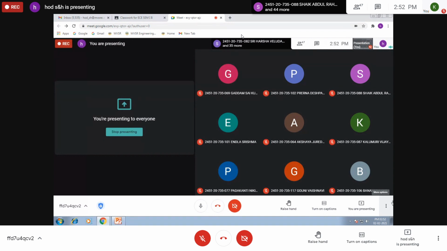In today's session, because this is a very lengthy chapter, semiconductors, I took 3 hours, and today we have covered the concentration of electrons in the conduction band, the concentration of holes in the valence band, and the expression for conductivity of an intrinsic semiconductor.